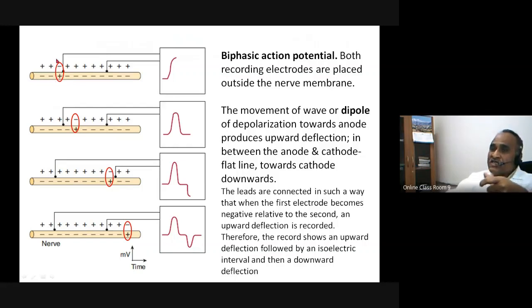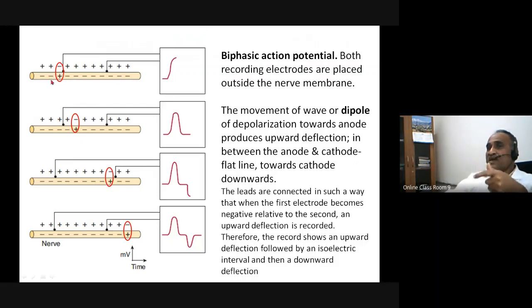So this is what is called a dipole. A dipole is a unit or structure which separates two dissimilar charges by a very small, infinitesimally small distance. So this definitely is the dipole here.